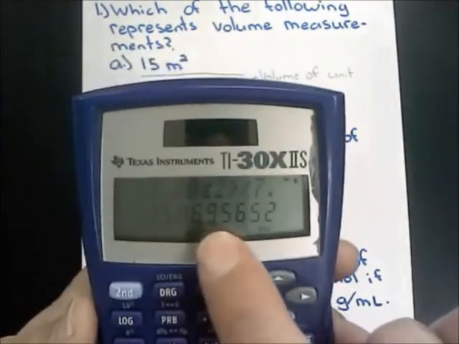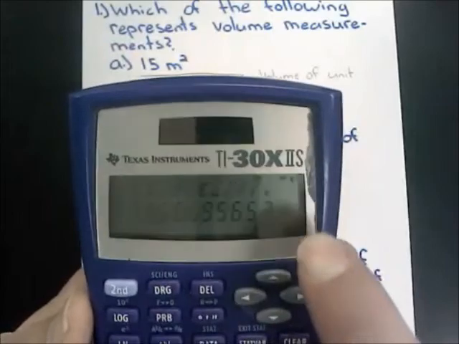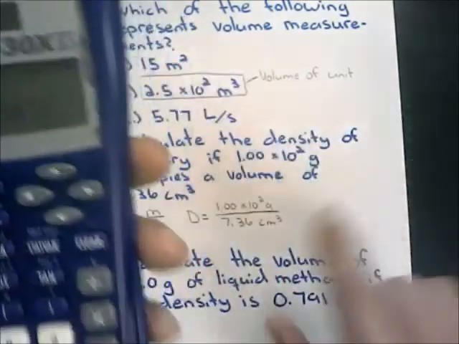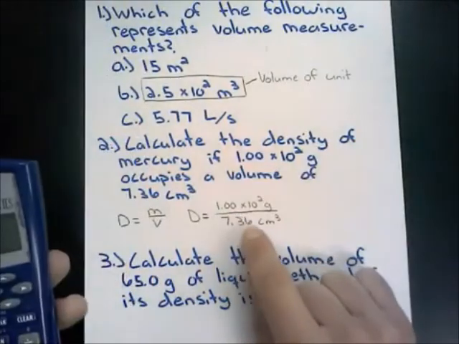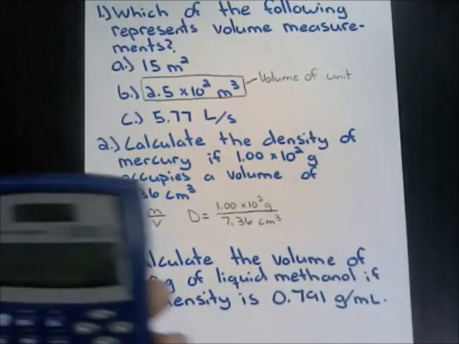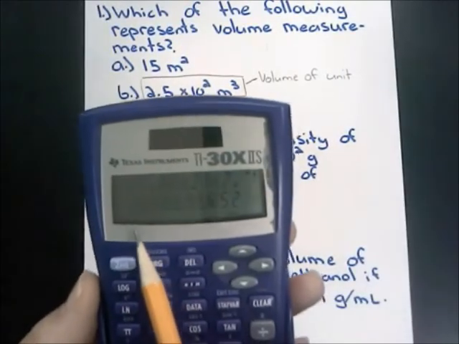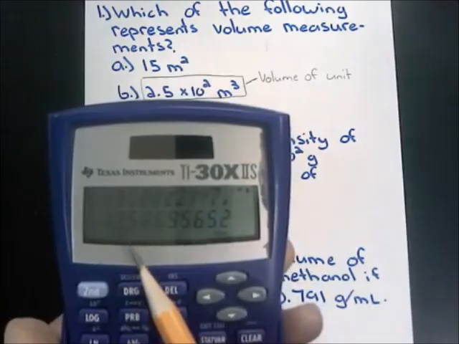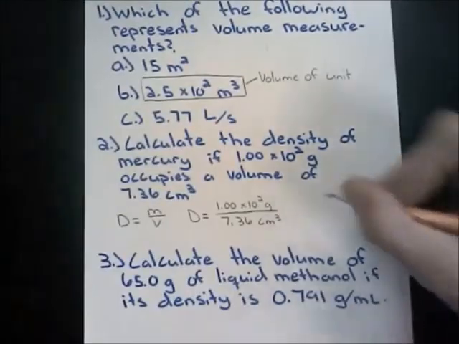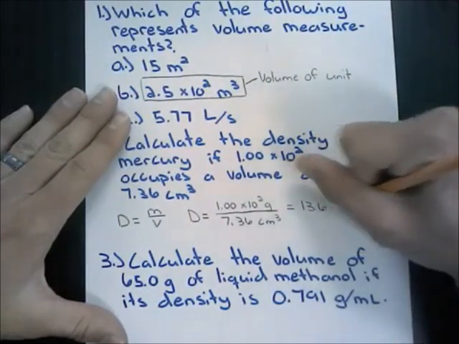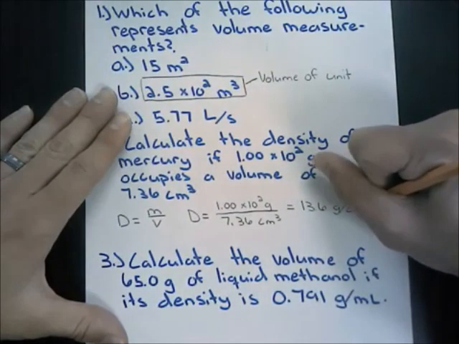Now we get this big long set of numbers. I'm going to teach you a little trick here. We had 3 significant digits, and I'll talk about that in the next lesson, but we need 3 total digits in our calculation. So this would be 13.6 grams per centimeter cubed.